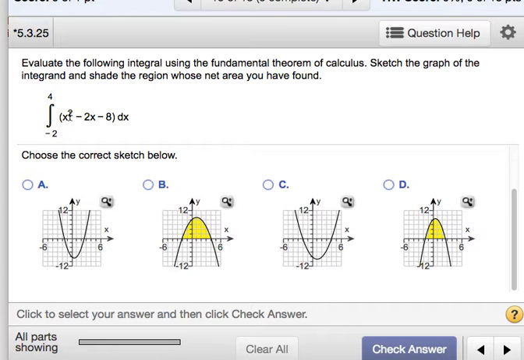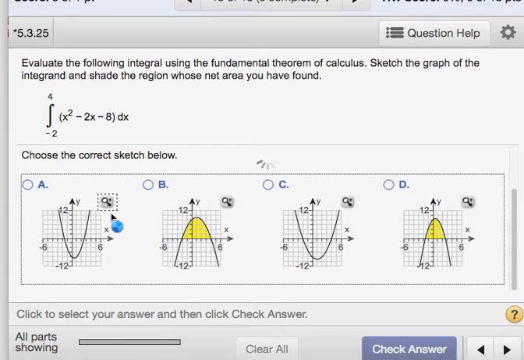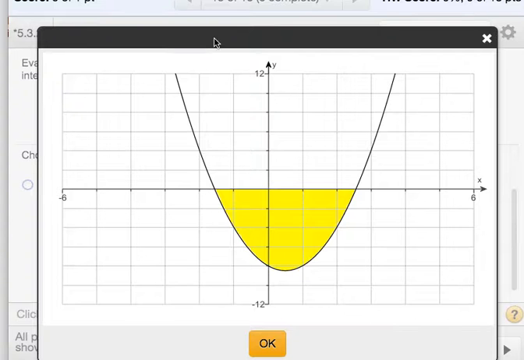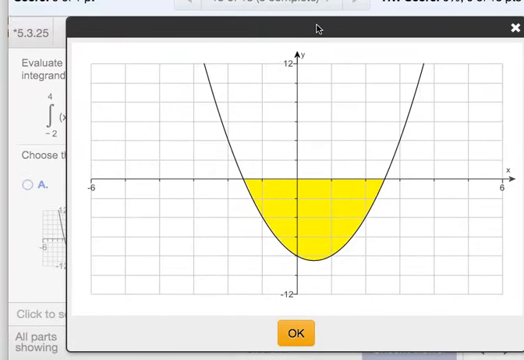Well, it's got a positive leading coefficient, so it's going to open up. So it's either A or C, just based on that. A and C look very similar. I'm going to make A bigger and see if we can figure it out through just looking at a couple of points. When you make it bigger, it shows the shaded in area.